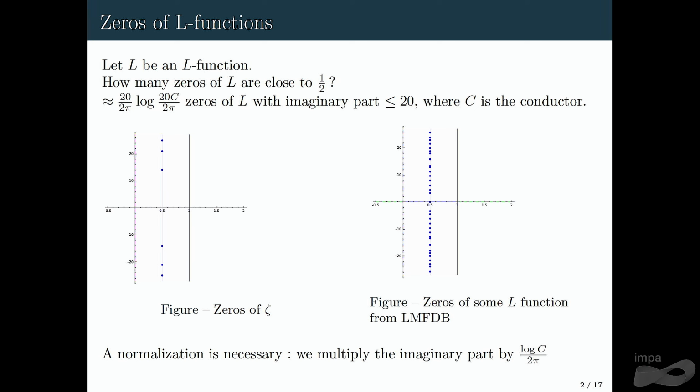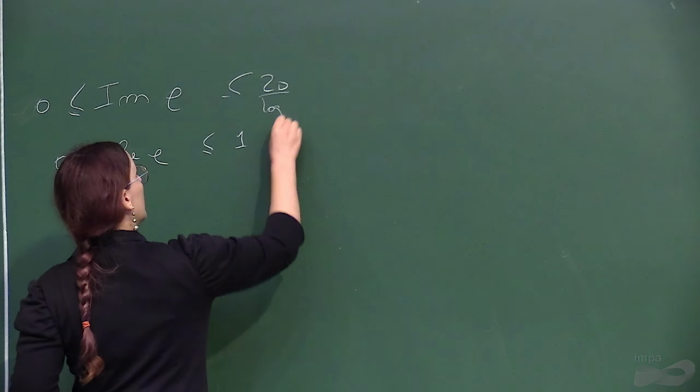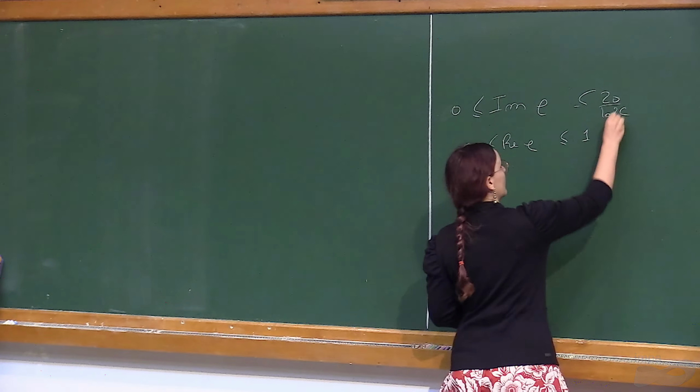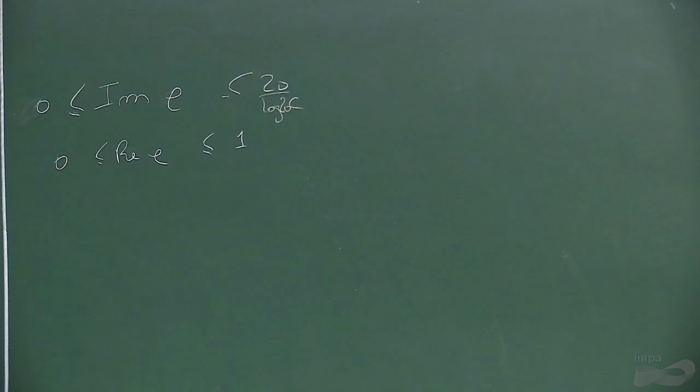So there is this C, and instead of counting zeros up to imaginary part equal to 20, I'm going to count zeros up to imaginary part 20 over log C, so that there is about the same number of zeros and I can compare the number of zeros between the L functions.